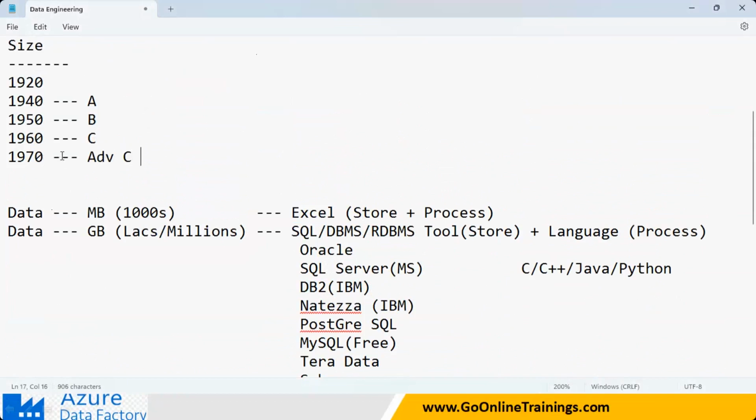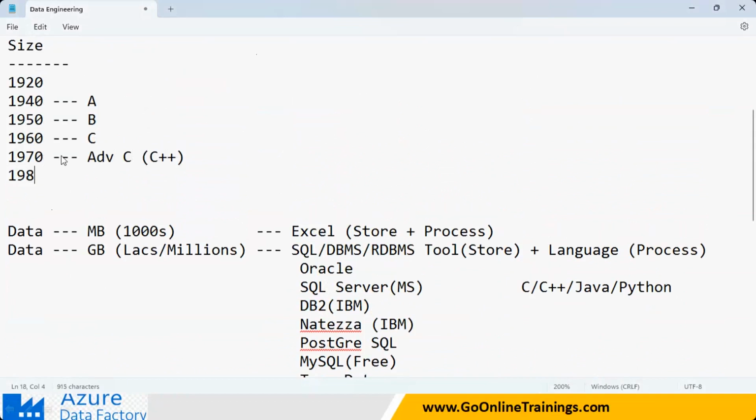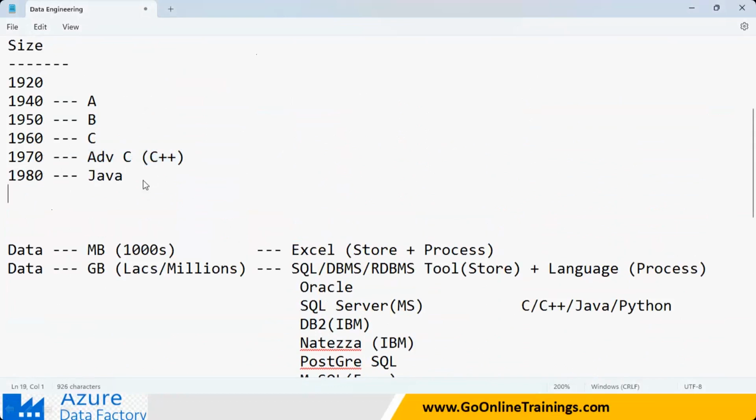Advanced C is also called C++. In the 1980s, we got Java. Java is similar to Advanced C, or you can say C++. And we got the Python language as well. In 1990, we got the .NET language in the market by Microsoft.